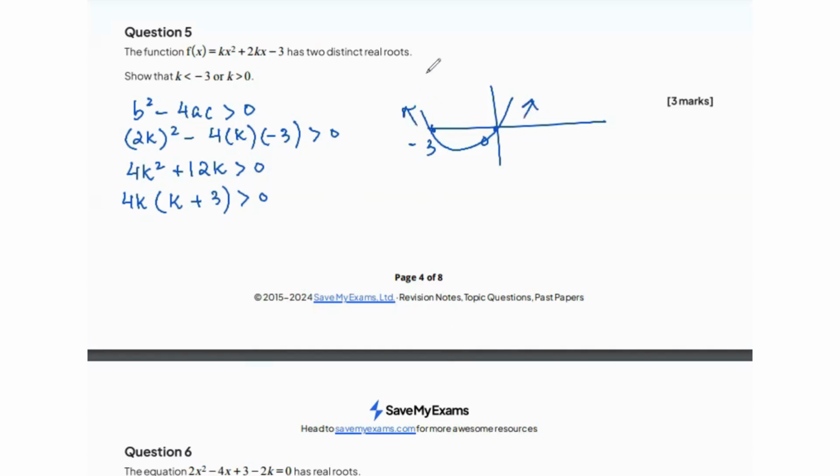If it was saying less than 0, then you would look at the values below the axis. So if we look at the value at k equals -3 in this case, the value is decreasing on the left hand side. And at k equals 0, the value is increasing. So k would be greater than 0 and k would be less than -3, which is what we had to show in this.